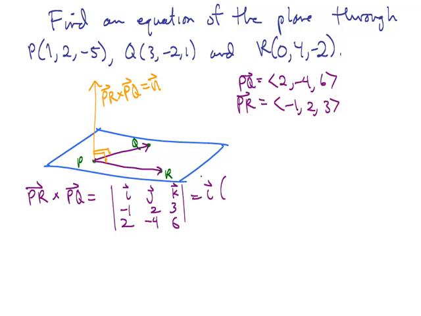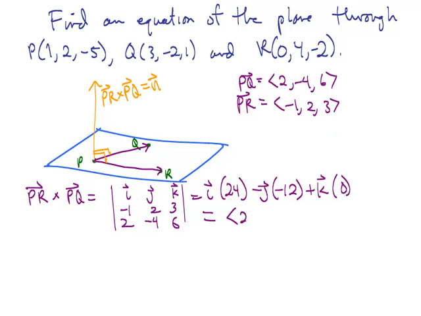And we get i times, let's see, 12 minus negative 12 is 12 plus 12 or 24. Minus j times negative 6 minus 6 is negative 12. And let's see, plus k, which is going to be 4 minus 4 or 0.